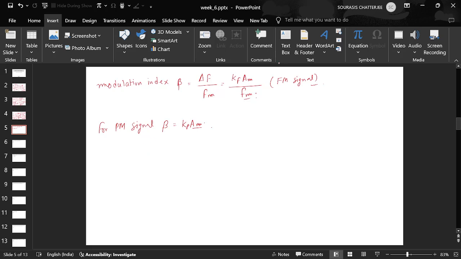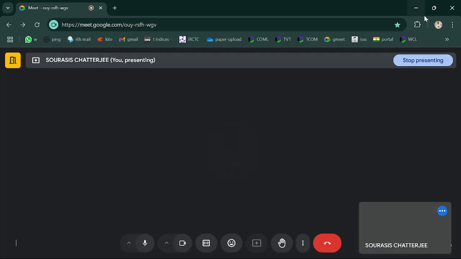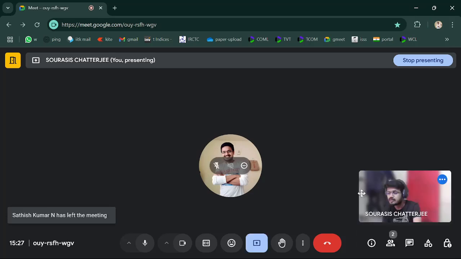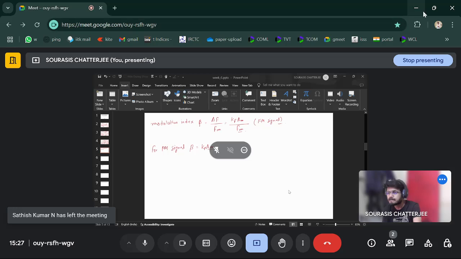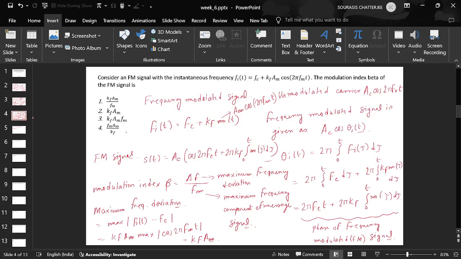But for the frequency modulated signal, the modulation index is kf Am over fm. So let us go and check which one of the answers matches here. So the first one matches, kf Am over fm. So this is what the modulation index of the FM signal is going to be.